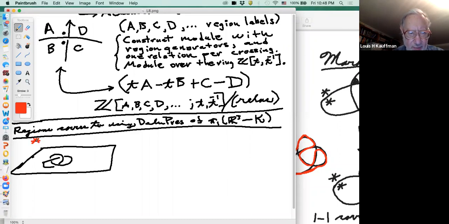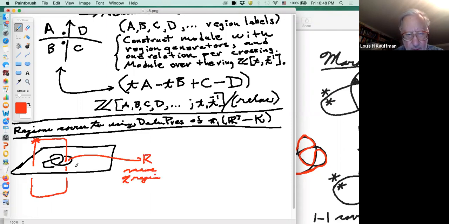And then a generator of the fundamental group consists of going down from the base point, piercing this plane, continuing down underneath, and then coming back up through one of the regions and back to base point. And if this region was labeled R, name of region, then this element in the fundamental group would be called R. So there is one generator in the fundamental group for each region in the knot diagram, and the outer region is the identity in the fundamental group.